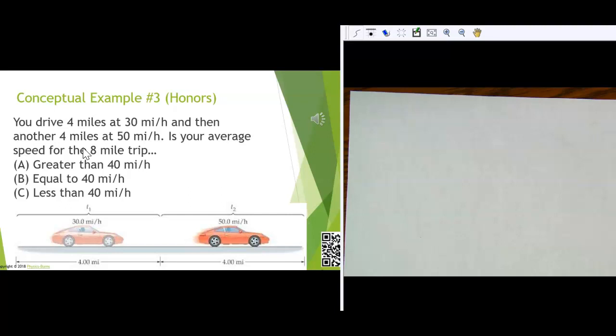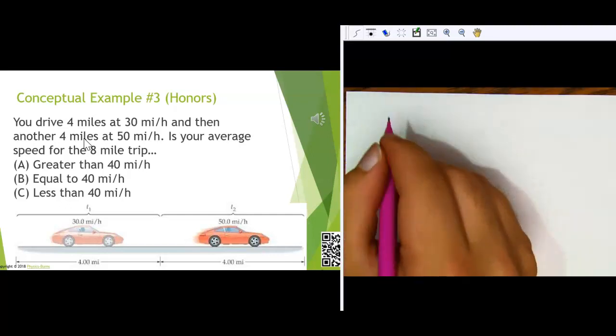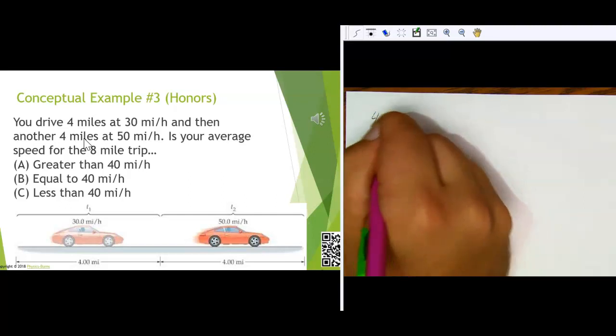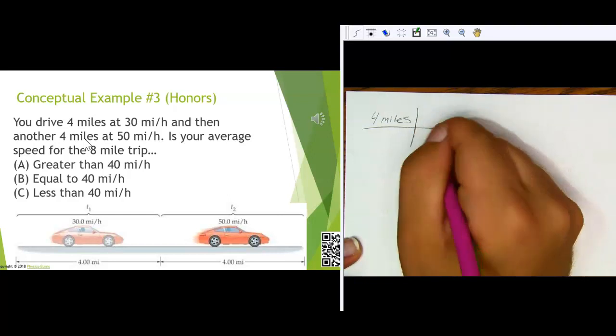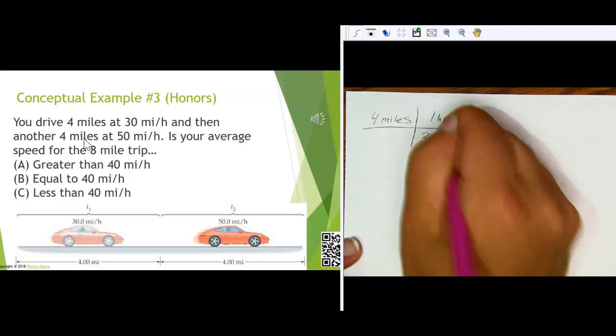What I did first was I calculated the amount of time it took for each car to travel. My first one traveled 4 miles at 30 miles per 1 hour.